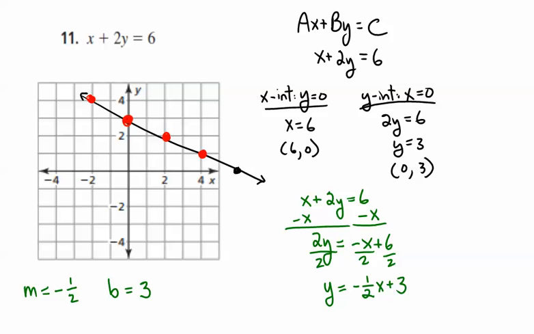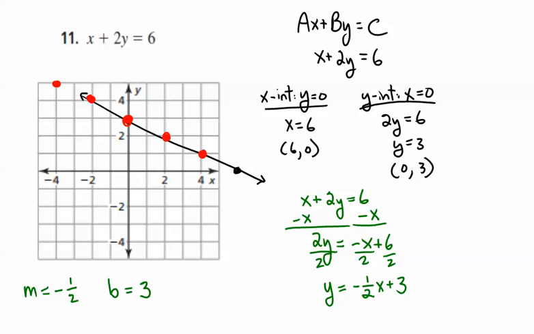So when I say over, I should really be specifying right or left. So down 1, right 2, down 1, right 2. But I could also start at the y-intercept and go up 1, left 2. And from there I could go up 1, left 2 again. So you can see that I can find many more points and be much more confident about my answer.